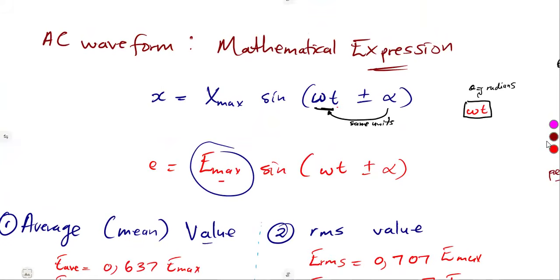Remember, we said the whole of this part here, if it is in radians, it can be converted to degrees because it must be the same units. So when you change the whole of this part, you are going to multiply by 57.3 degrees, if you want to convert to degrees. It depends on the question, how it is given and how you want to convert, guys.